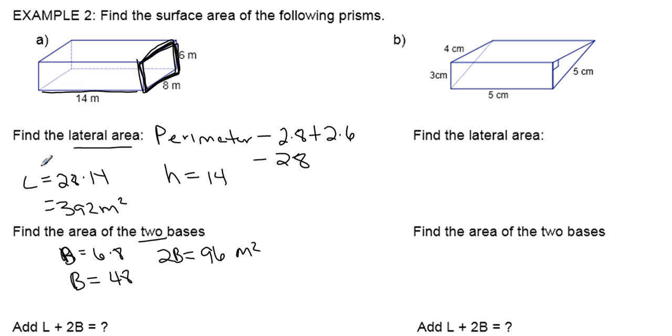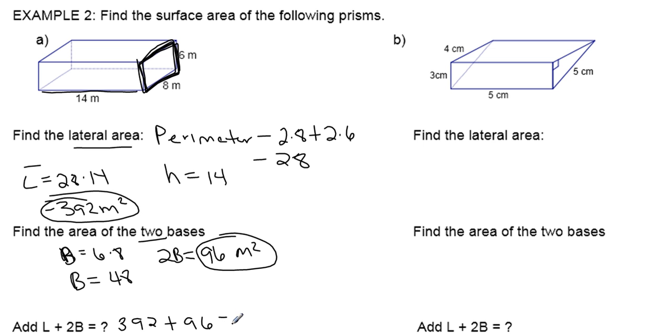Then we combine the lateral area with two base areas. So 392 plus 96 gives me a total of 488 square meters.